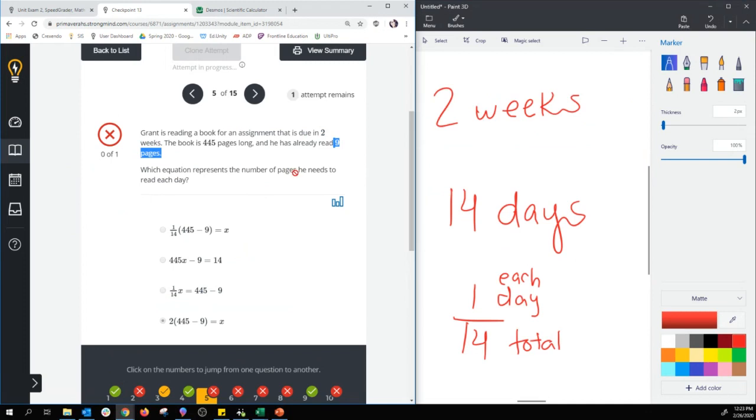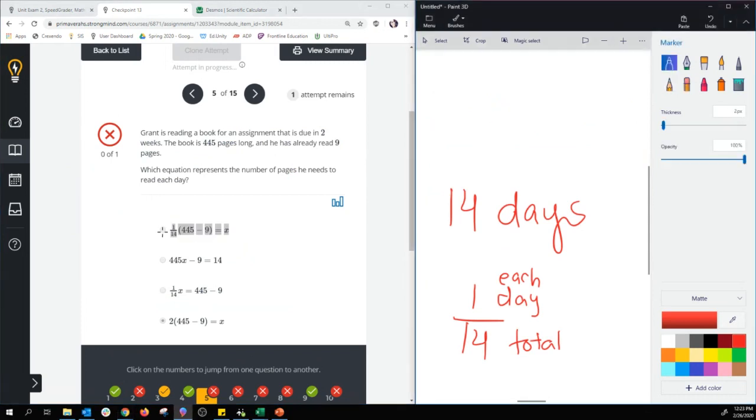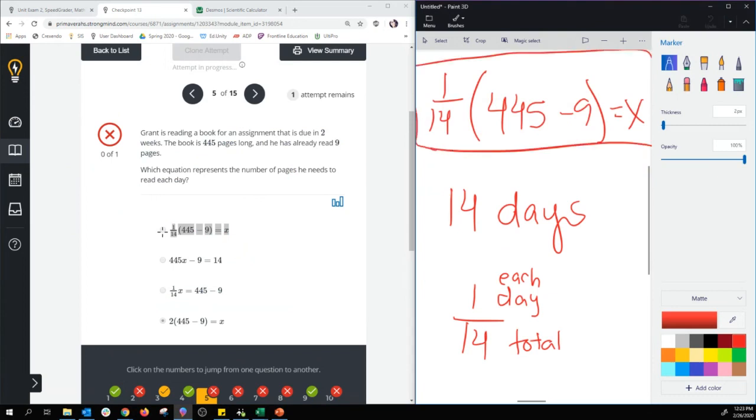So I can take 9 pages away from the total length of my book, because if I've already read 9 pages, I don't need to go back and reread those. So if I do 445 minus 9, and I multiply that by 1 over 14, that will give me X, which is the total number of pages I need to read each day. So for this one here, I would have 1 over 14 times 445 minus 9 equals X. So this would be the equation that I'd want to use.